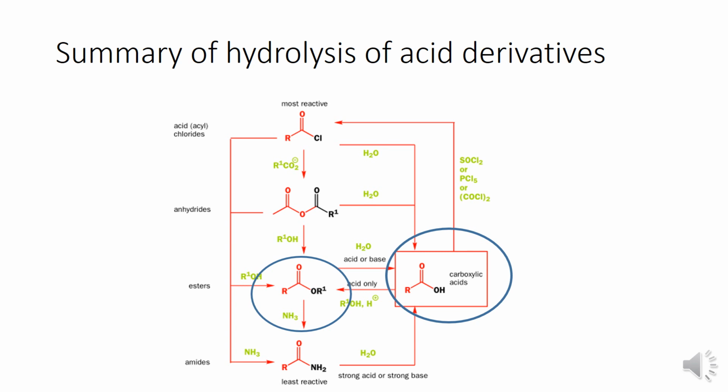And the ester, you will take it next time, with water it undergoes hydrolysis to give carboxylic acid. And what is the second product? It is alcohol. And the last one, the amide, is the least reactive one. In presence of a strong acid, it will give carboxylic acid.